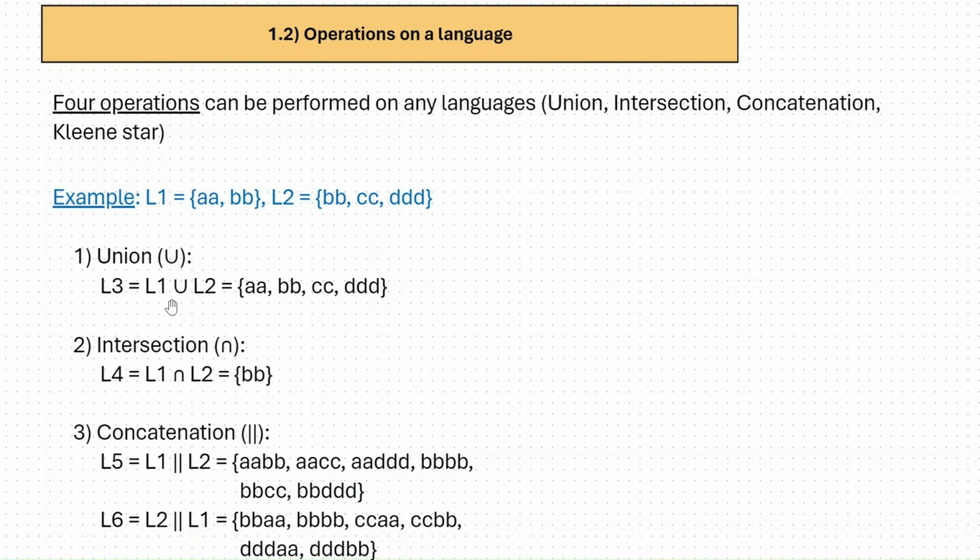Language 3 is equal to the union of language 1 and language 2. It is basically the union of 2 sets, right? Which includes each element from each language. AA from language 1, BB, which is included in both language 1 and language 2, CC from language 2, and finally DDD from language 2.